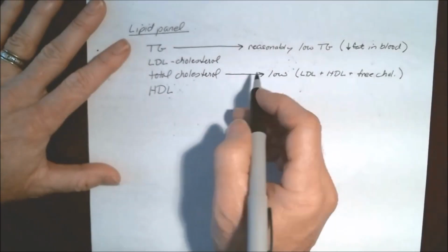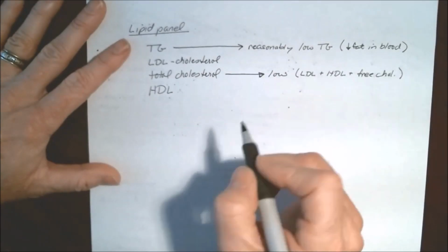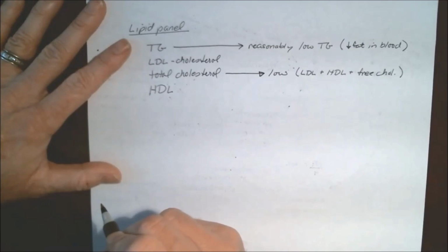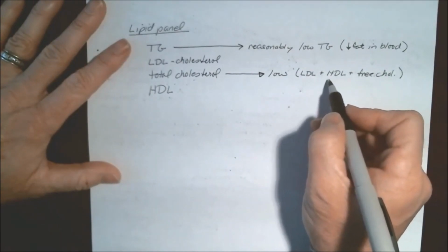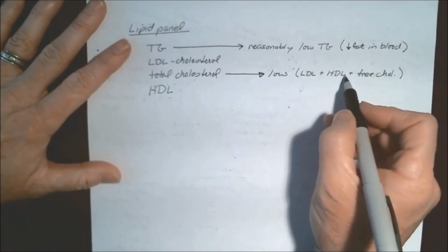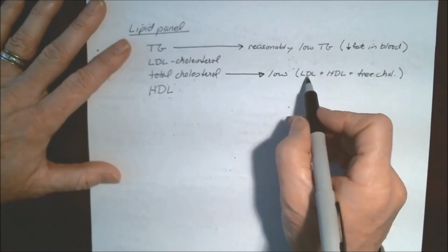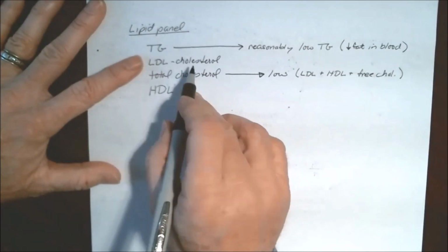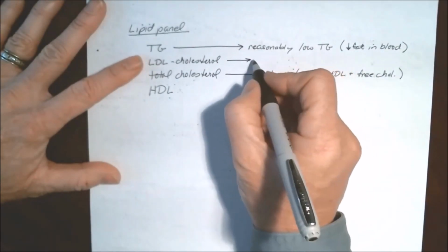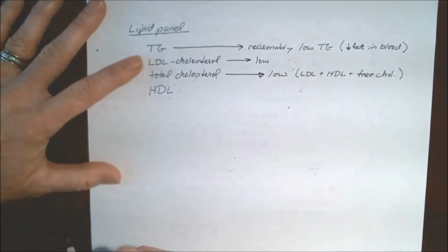So the total cholesterol value is not of great importance anymore because we now know that the HDL cholesterol is your good cholesterol because that's your carrier to get rid of it. So we're going to focus on the LDL. So your physician will typically look primarily at the LDL cholesterol. This also should be low.